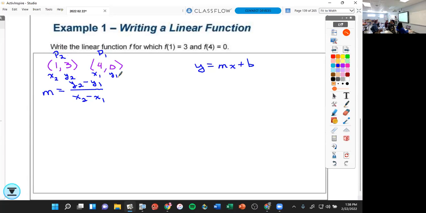Based on the way I have labeled these points, my slope would be 3 minus 0 over 1 minus 4, which gives me negative 3 over 3, so it's negative 1. Now what?